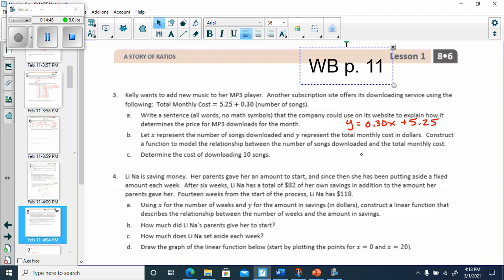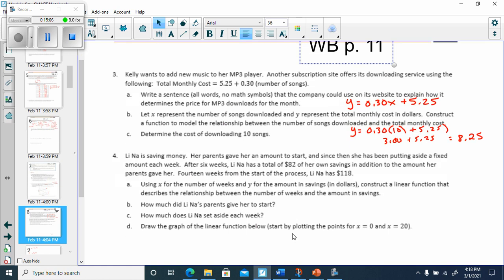How much would 10 songs cost? Plug in your 10. Y is equal to 30 cents per song times 10 songs plus $5.25. This is $3 plus $5.25 gives you $8.25. Okay?